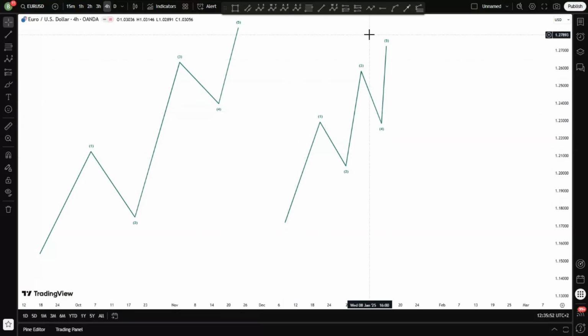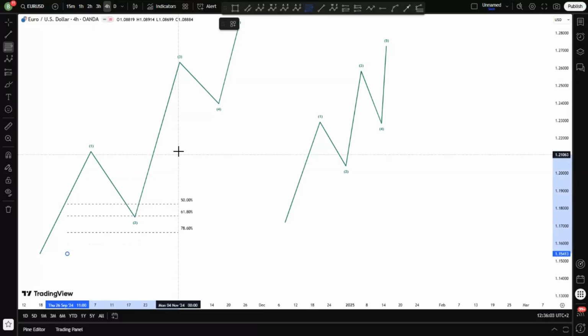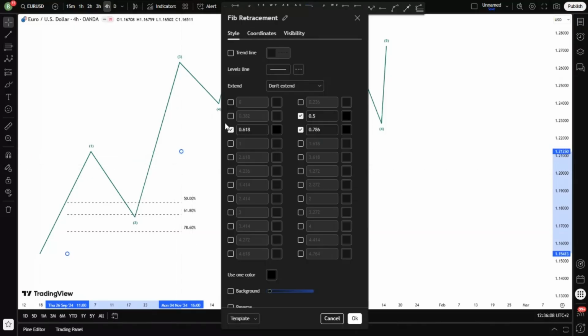So we are able to use those tools in case we see wave 1 is forming, and then we can use the Fibonacci retracement tool to try and measure where wave 2 might find support or resistance.